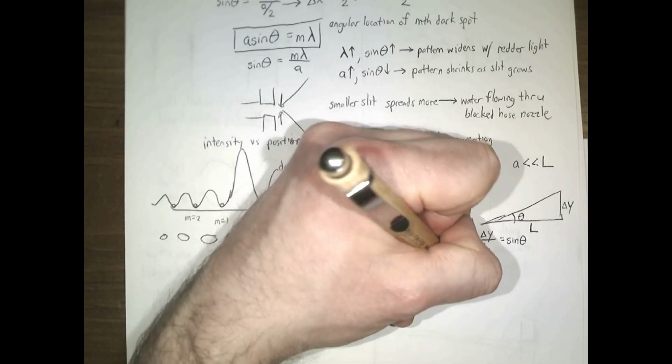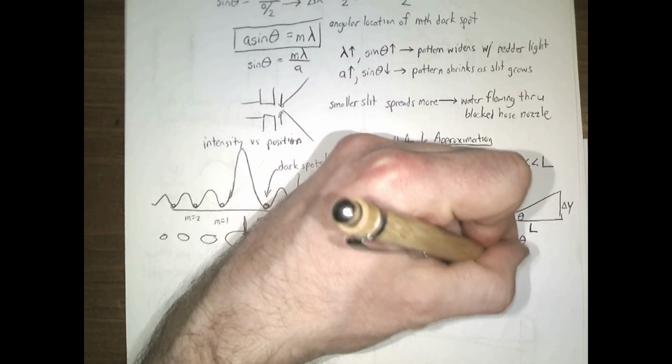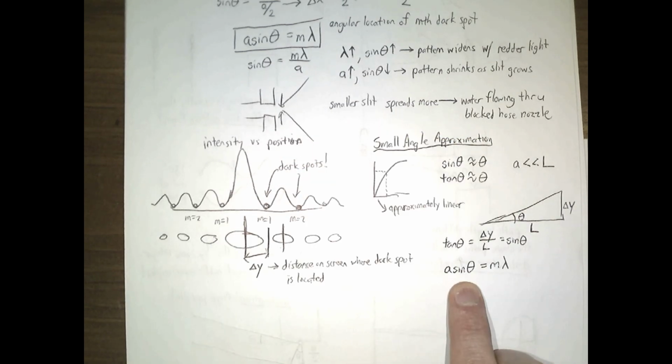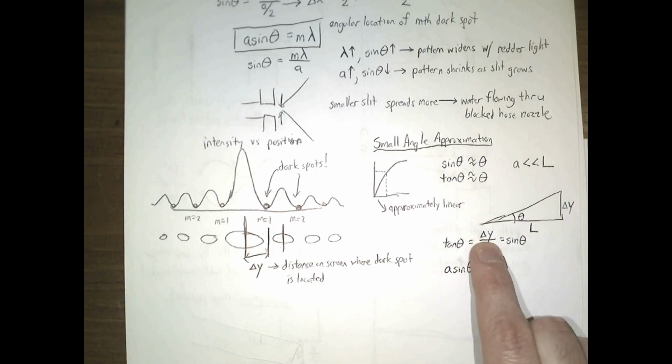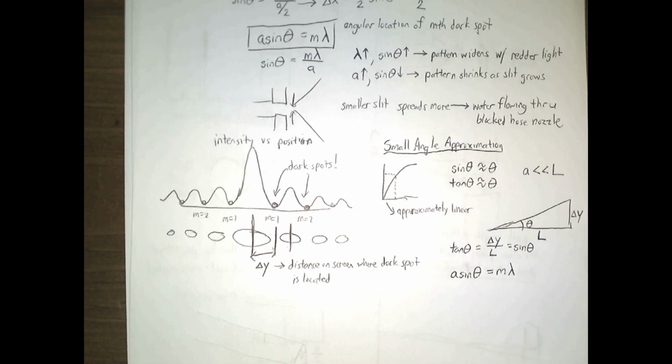Wink, wink. That lets us go back to our equation, a sine theta equals m lambda, and replace the sine theta with the ratio of the position of the spot over the distance from the slit to the screen.